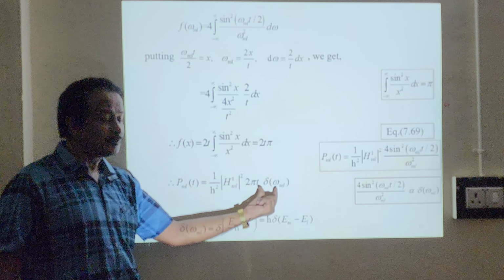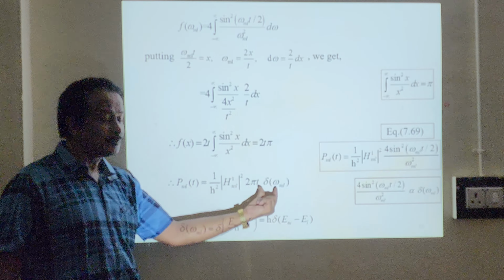So your transition probability between two states per unit time, which is nothing but Fermi's Golden rule, is equal to 2 pi by h bar multiplied by the square of the perturbing field multiplied by the density of states. This theoretical result exactly resembles the experimental result. That's why it is termed Fermi's Golden rule.